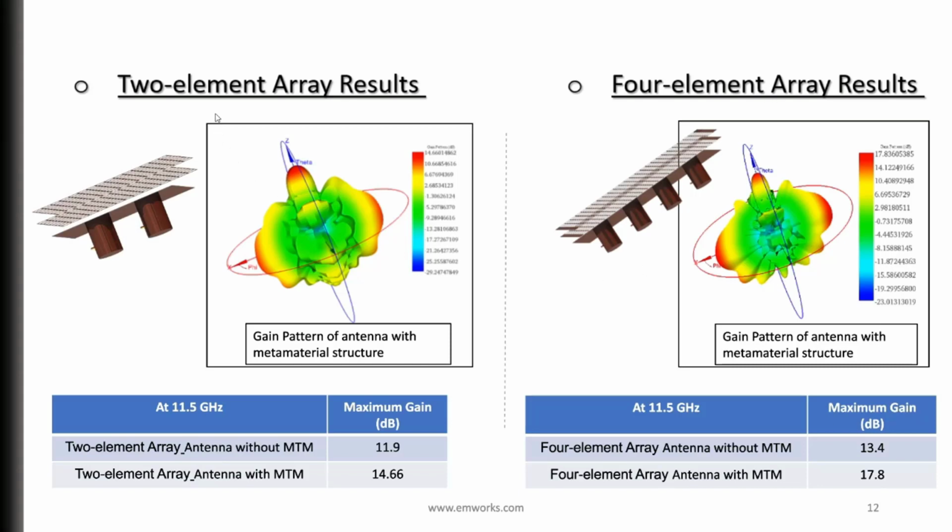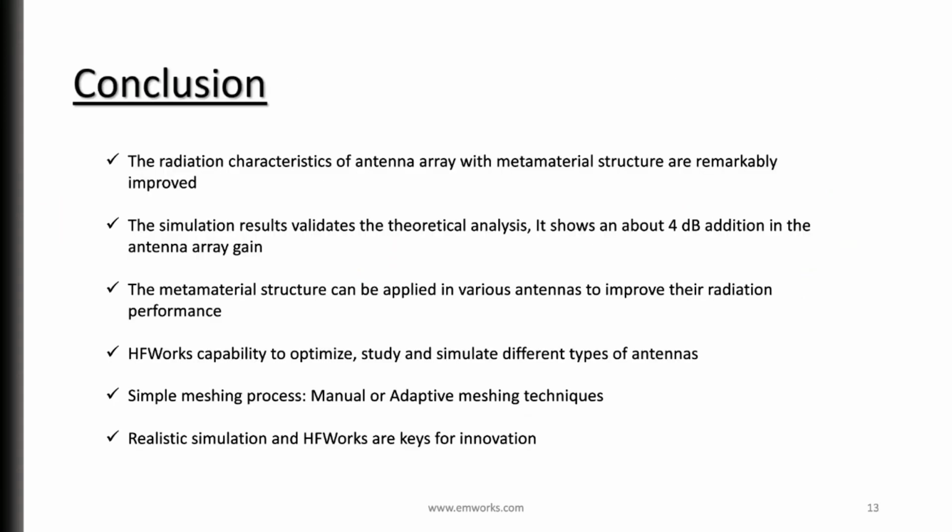For the 2-element array antenna, the maximum gain goes from 11.9 dB to 14.66 dB when adding the metamaterial structure, and for the 4-element array antenna, the gain goes from 13.4 dB to 17.8 dB. And we notice also that there is an improvement of antenna gain from the 2-element array antenna to the 4-element array antenna. So with that, I would like to conclude this presentation.